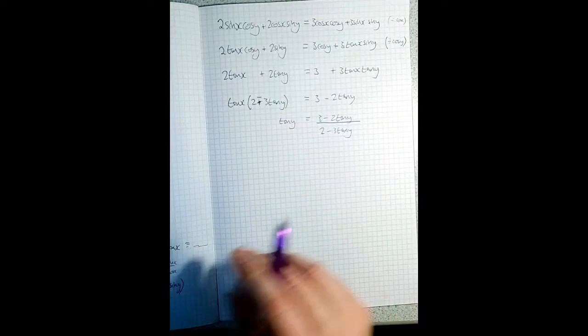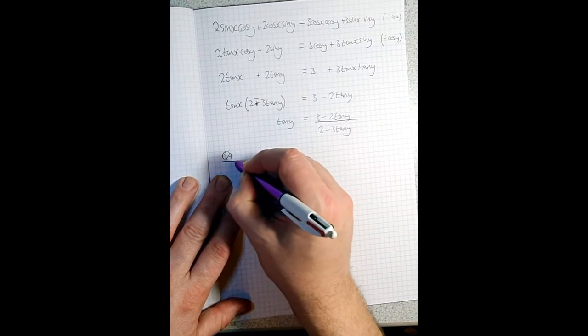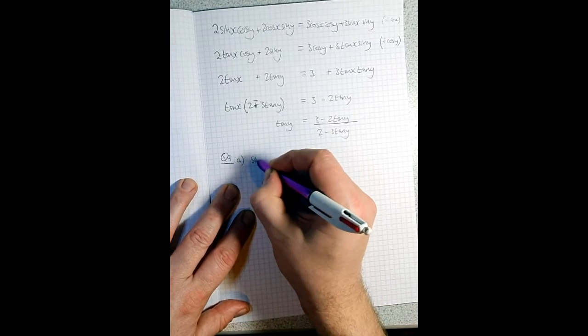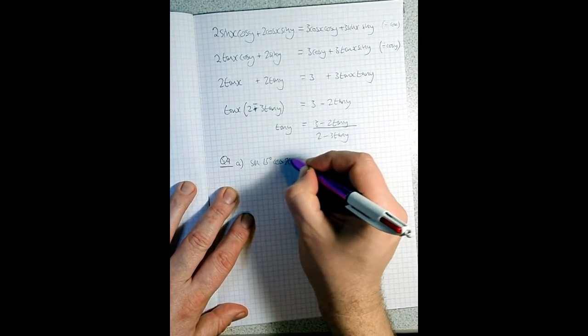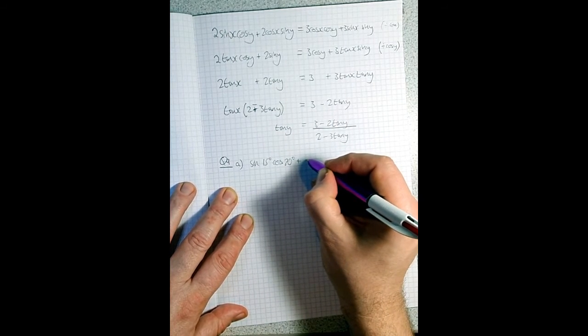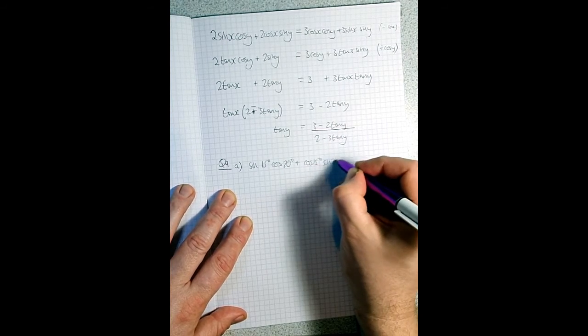And that's it, but I just want to do a couple more examples because there's nothing really in any of these examples to help us with question 9 or question 10. So I'm just going to look at 9a. Sine 15 degrees cos 20 degrees plus cos 15 degrees sine 20 degrees.